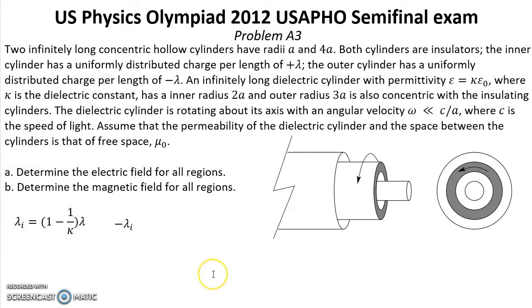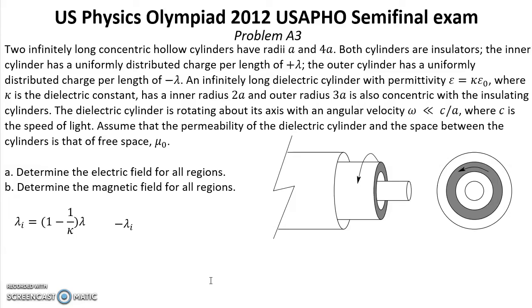And we can construct an Amperian loop: a rectangle with one side parallel to the cylinder at distance r greater than 2a and less than 3a, and the other side far away from this cylinder where the magnetic field is 0.